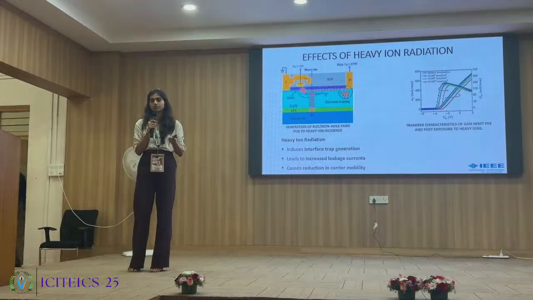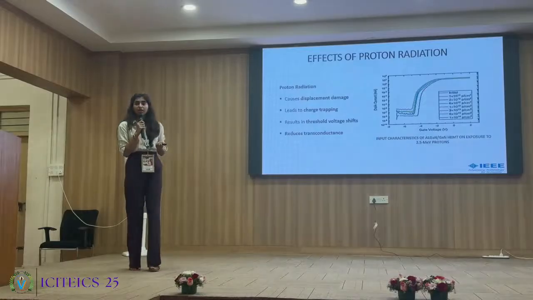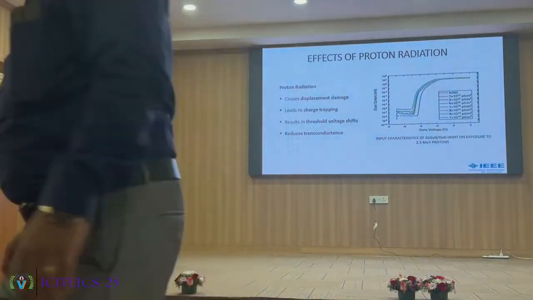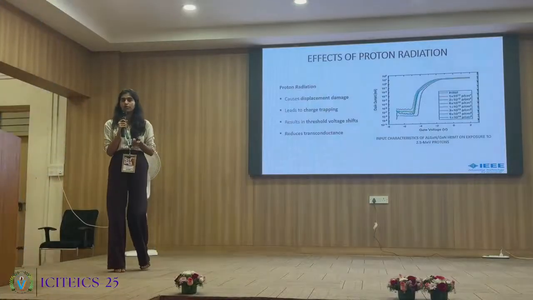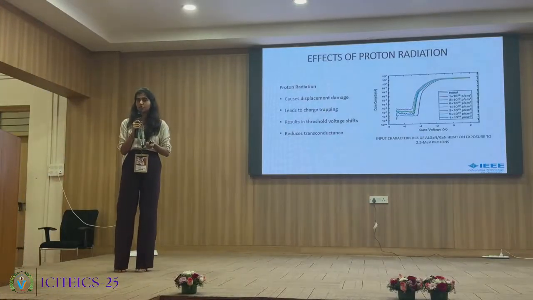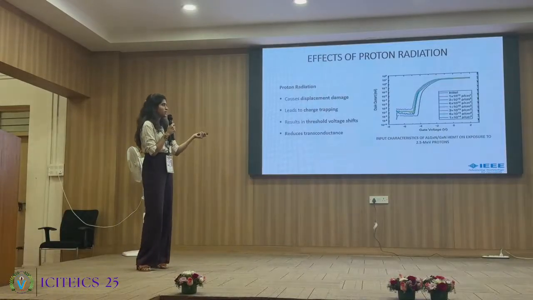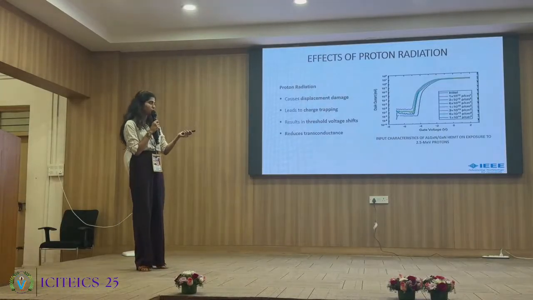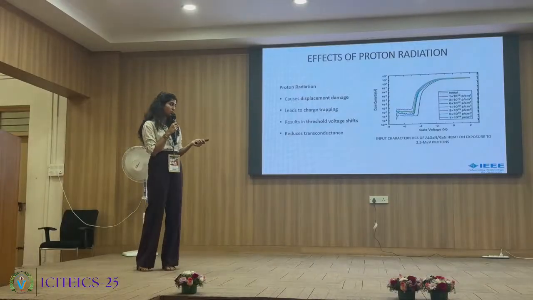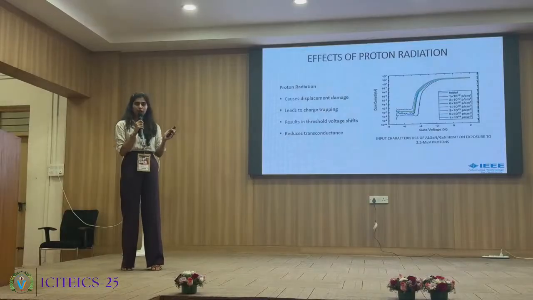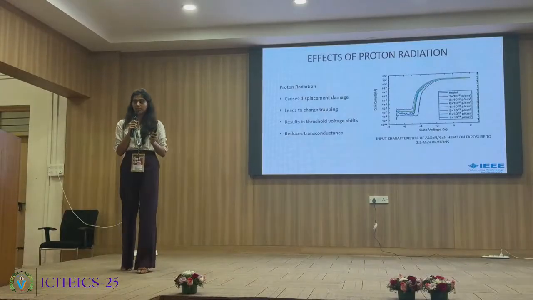Next up, we have the effects from proton radiation. Protons, which are very abundant in the space environment, will primarily cause displacement damage and charge trapping. That is the input characteristic graph of the gallium nitride HEMT post exposure to 2.5 MeV protons. The data clearly shows the complex interplay of total ionizing dose and displacement damage.